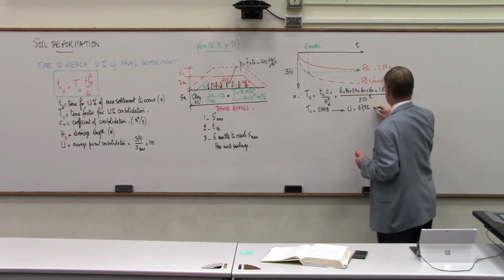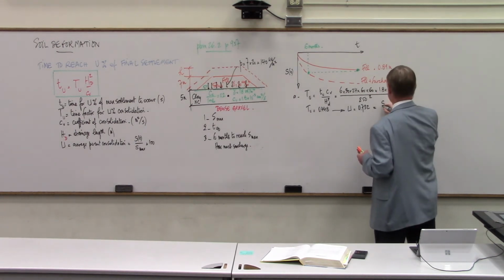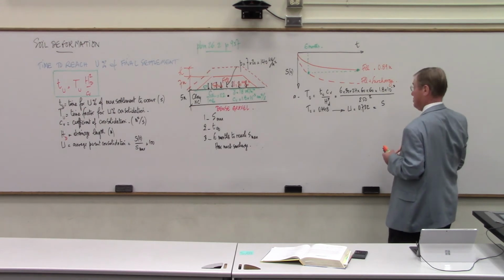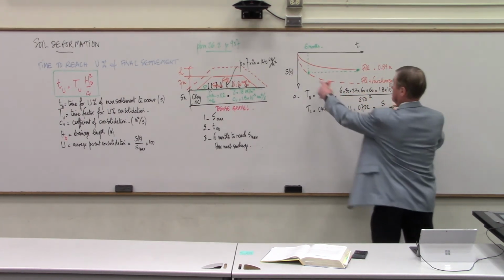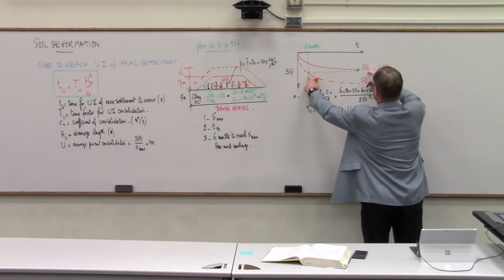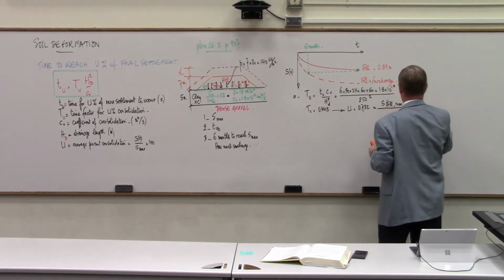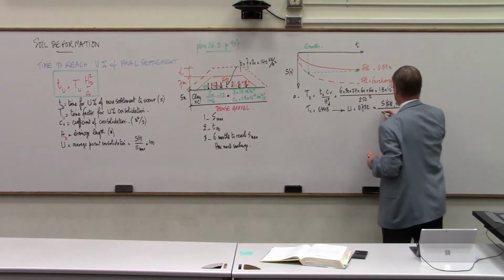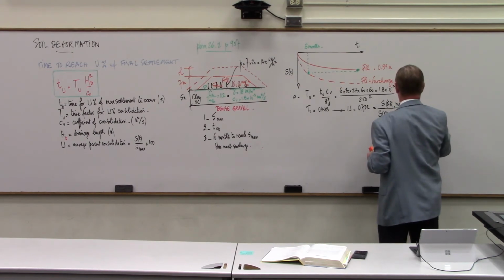This U value is equal to the settlement at 6 months, because I put 6 months here. So it's the settlement at 6 months, which is the settlement of the fill, max, divided by the maximum settlement, S, fill plus surcharge, max.